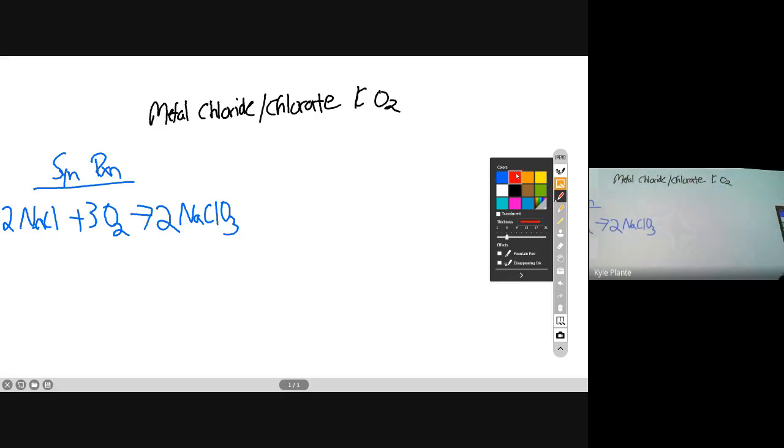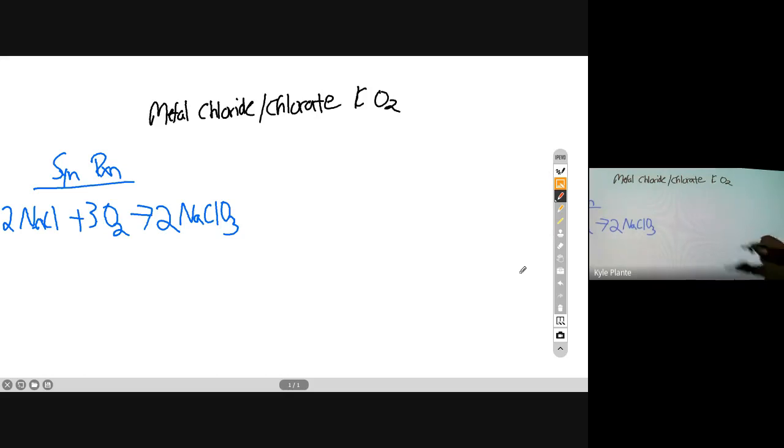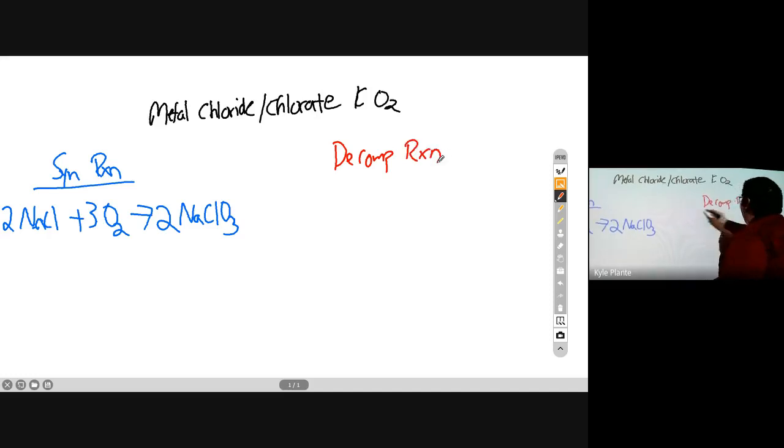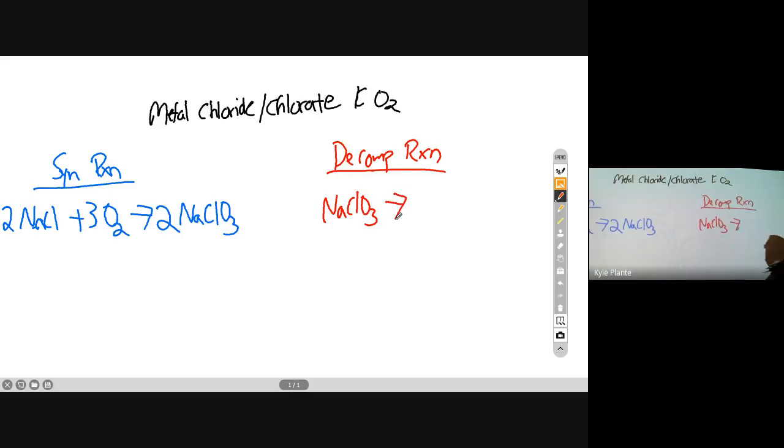The opposite of that is the decomposition reaction. In this case, we start with our metal chlorate. And we decompose it down into the metal chloride and oxygen.